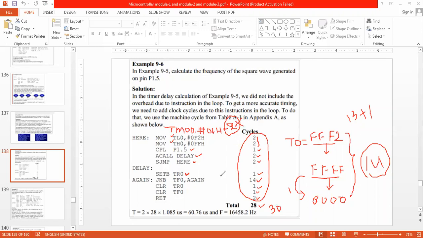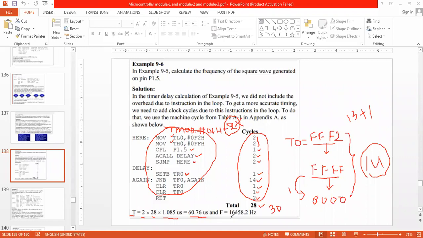So the total time period for execution of this whole program is 2 into 28 into 1.085 microseconds, which is 60.76 microseconds.